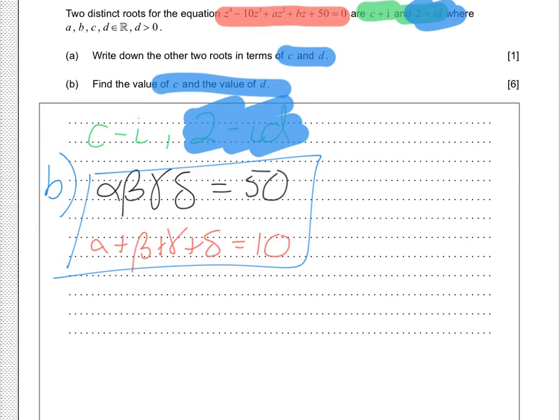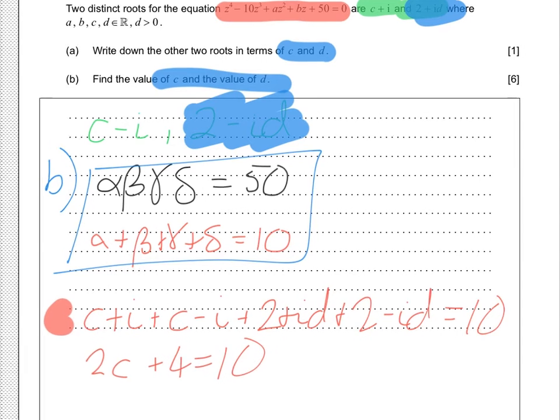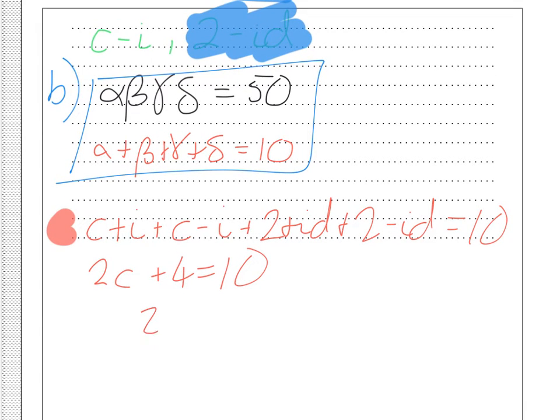So let's start with the red one and just add up C plus i plus C minus i plus 2 plus id plus 2 minus id equals 10. Collect that together, we get 2C plus 4 equals 10. And that's an easy equation to solve. 2C is 6, C is 3.